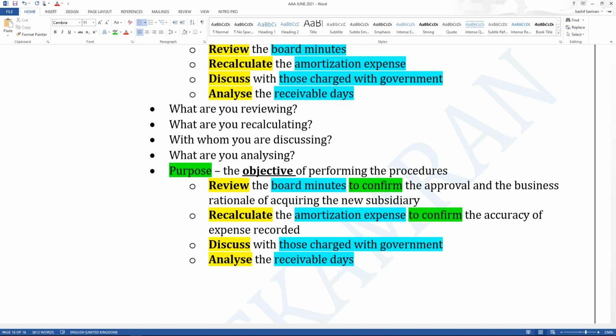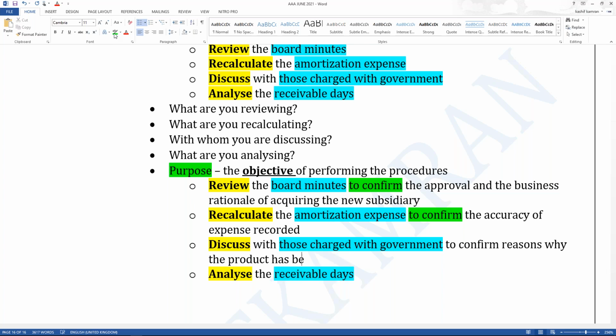Discuss with those charged with governance to confirm reasons why the product has been discontinued, for example, or the basis of the provisions recognized.